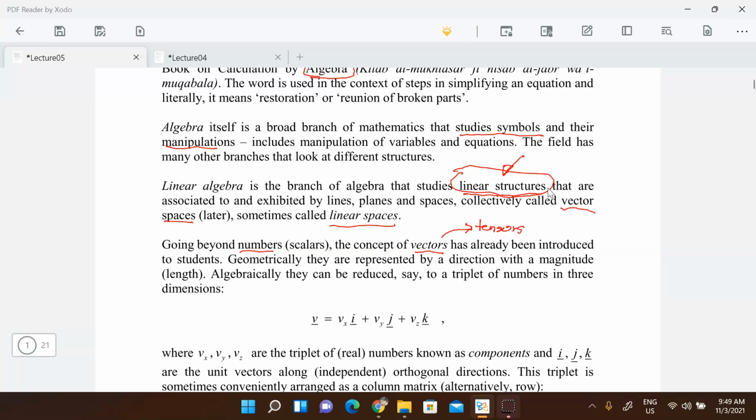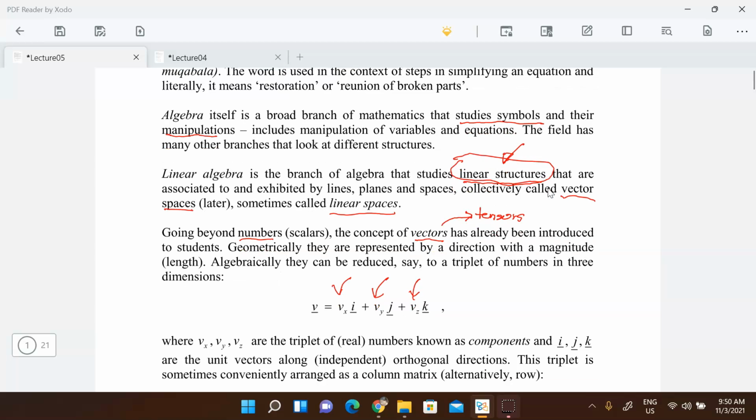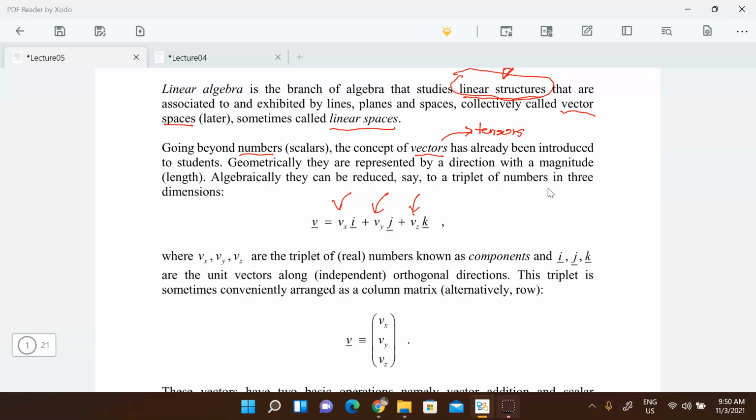And one of the things that we have learned in vectors before is that we represent them in terms of components. So we have Vx, Vy, Vz, which are the x component, y component and z component of the vector V. I believe you have done this very much earlier, at least in your first year.